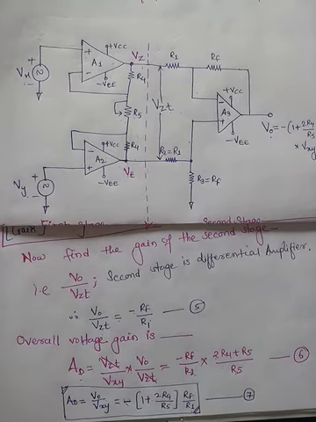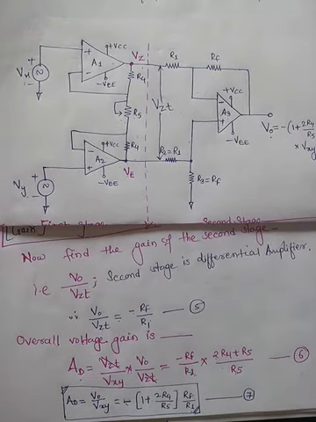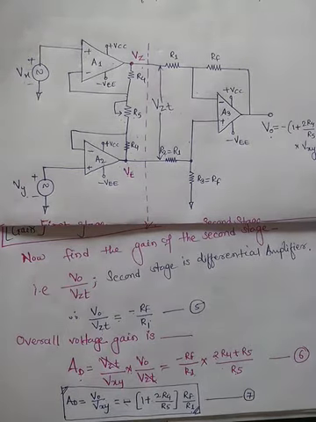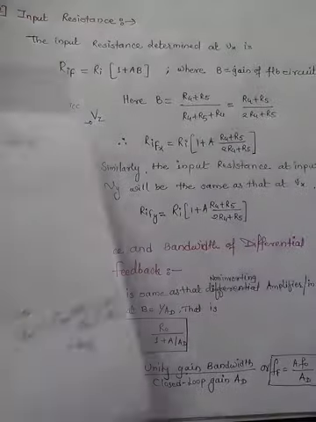Again, for the same circuit, we have to find out its other parameters like input resistance and output resistance of the differential amplifier with 3 op amps, and also we have to find out its bandwidth. Okay. So we will see here the input resistance and bandwidth.